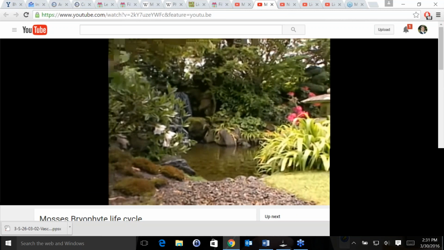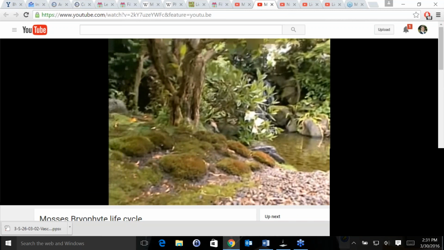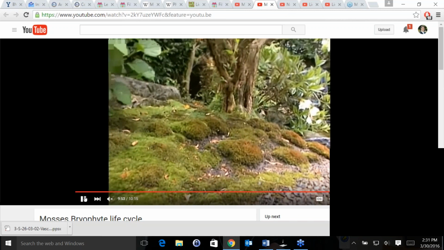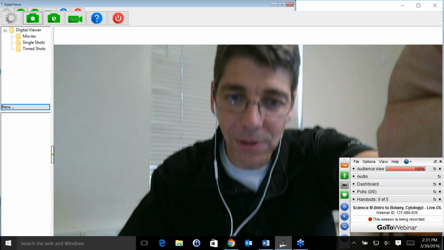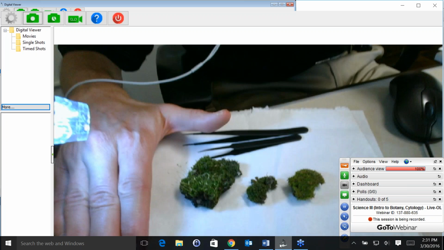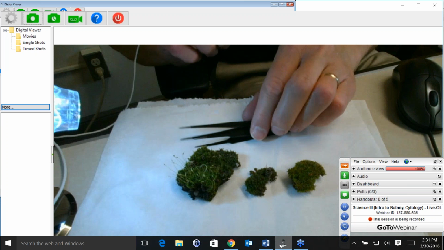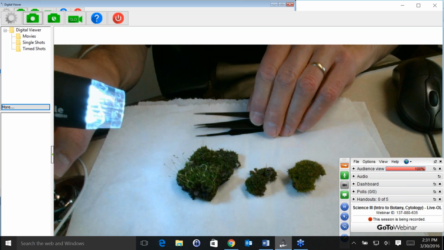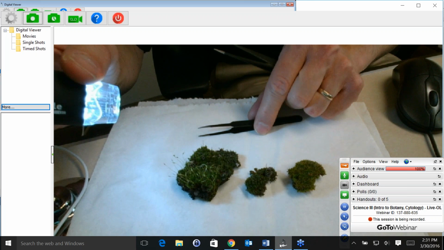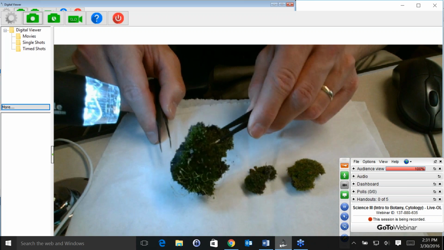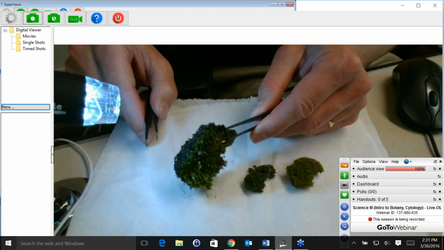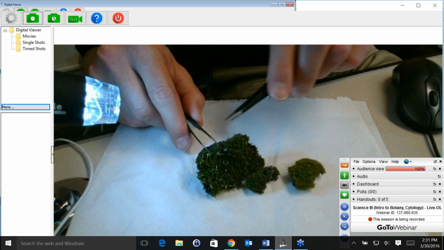Okay, and let me see if I can show you, let me switch here to the camera, and I'm going to lower this, okay, and I found these mosses here growing on the north side of the building, okay, and so you see here the part of the rhizoids.